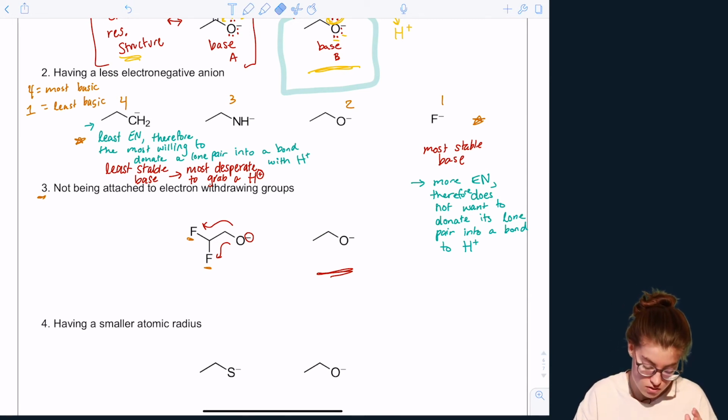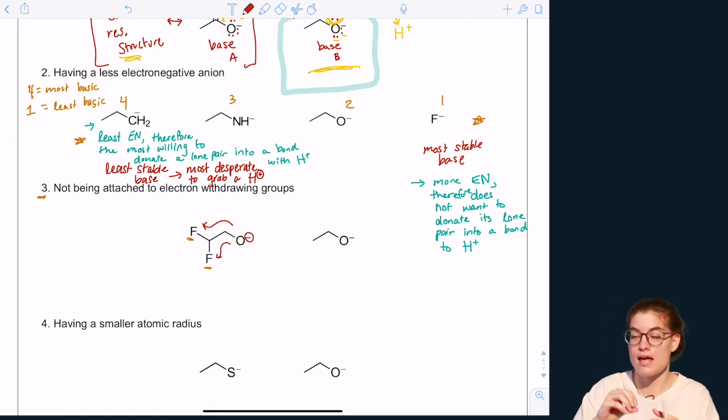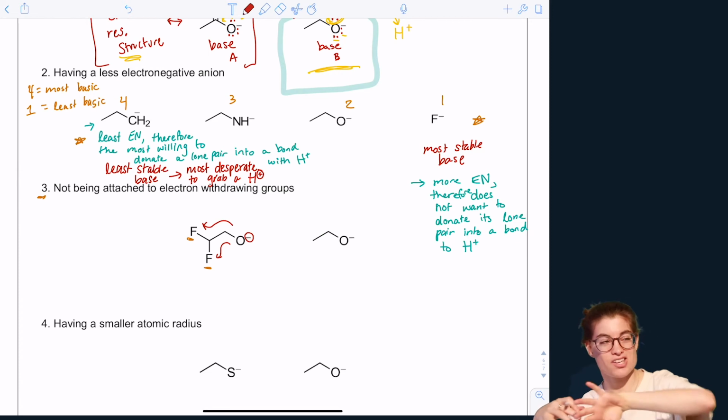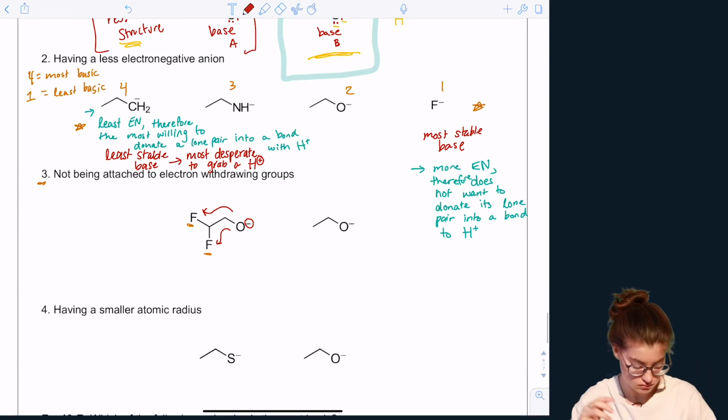But again, the other thing has to do with delocalization. So if we delocalize that negative charge, we're delocalizing the electrons, which means those electrons are not as localized, which is what you need in order for them to grab a proton. They're not as available because they're kind of being dragged across the molecule, if you will.